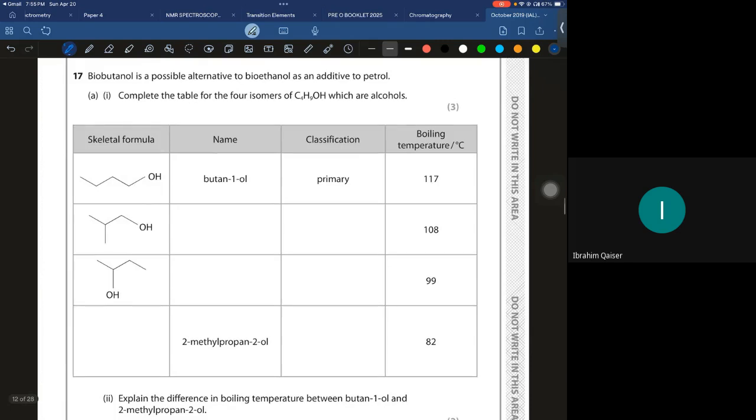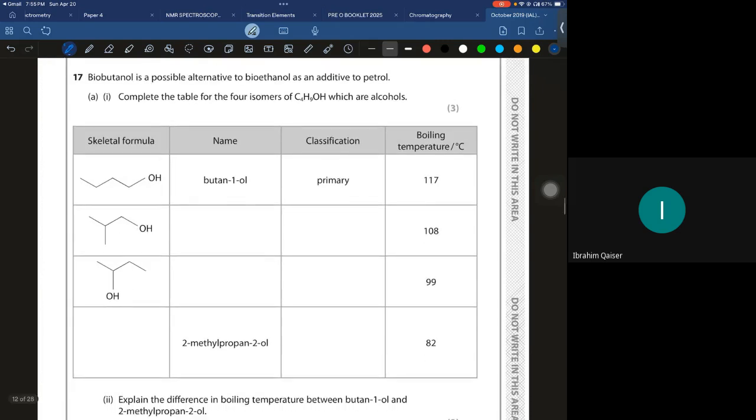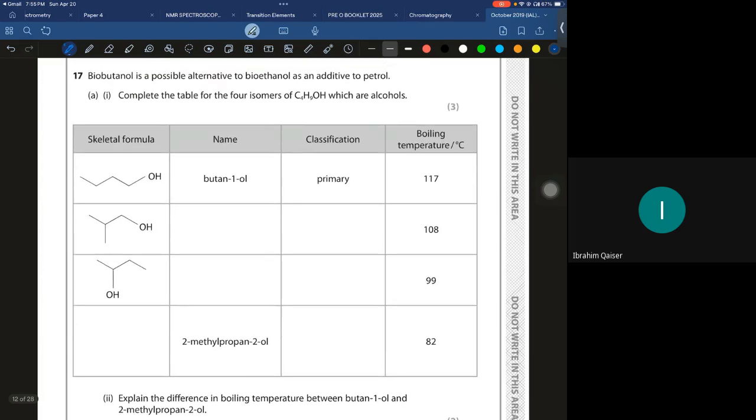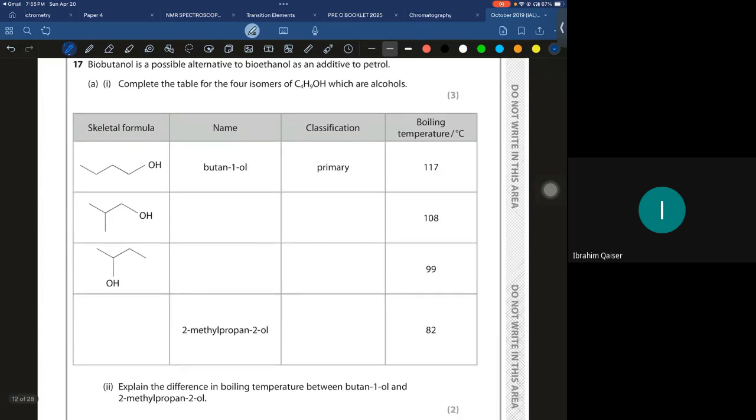Simple. 4.35. Okay. Biobutanol is a possible alternative to bioethanol as an additive to petrol. Complete the table for the four isomers of this, which are alcohols. So what's the name? 2-methyl propan-1-ol, and it's primary, of course.